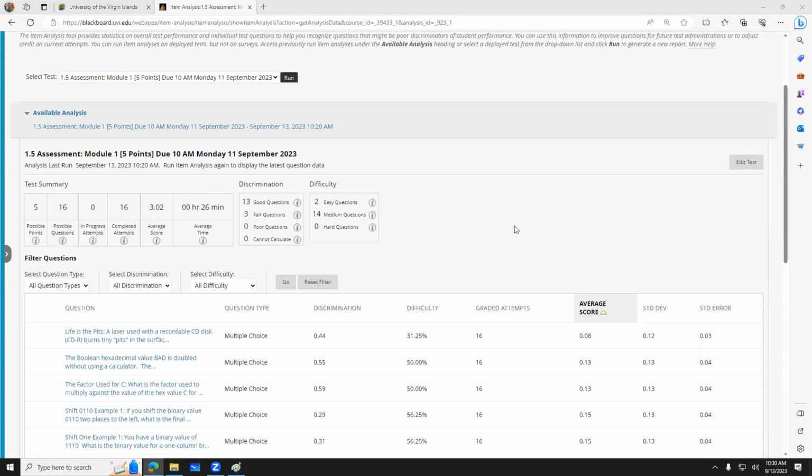Blackboard has a set of algorithms that it uses to analyze student responses on assessment items. And it does not account for certain scenarios. Mastery learning is one of them.